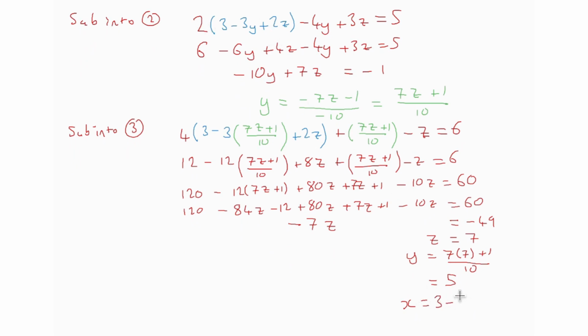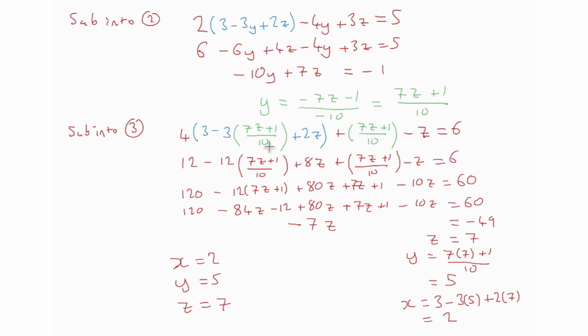That's 3 minus 3y's, which we now know is 5, plus 2z's, which we now know is 7. So that's 3 minus 15 plus 14, which is equal to 2. So we get x is equal to 2, y is equal to 5, and z is equal to 7, which is the same answer we got through elimination and through matrix row reduction.